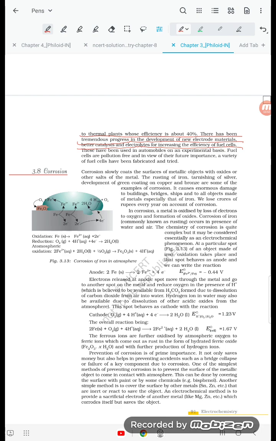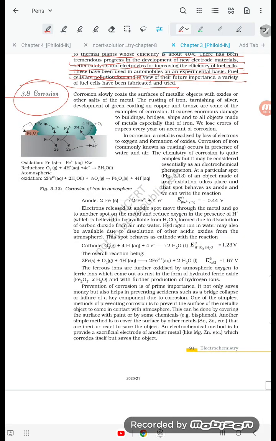These have been used in automobiles on an experimental basis. Fuel cells are pollution free, and in view of this, their future importance is clear. A variety of fuel cells have been tried.